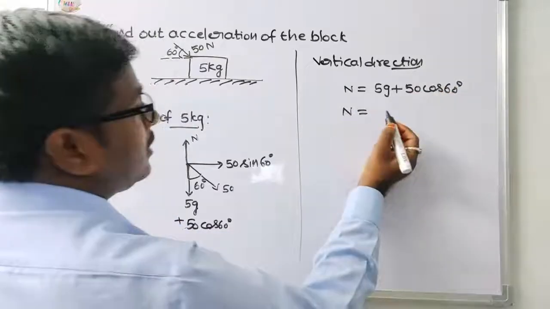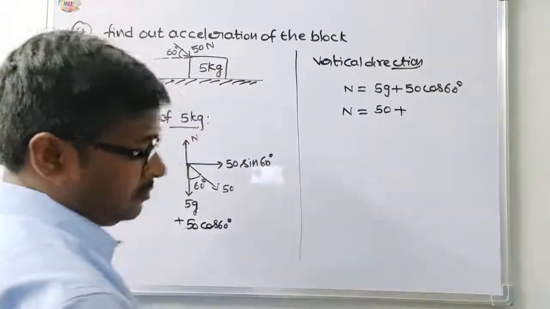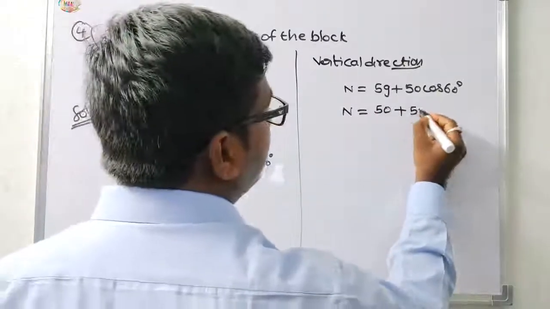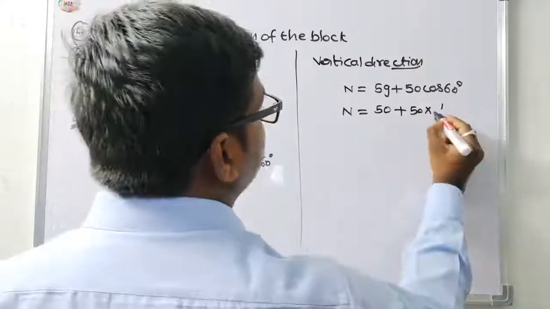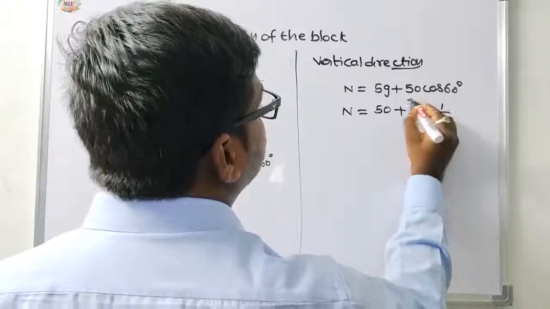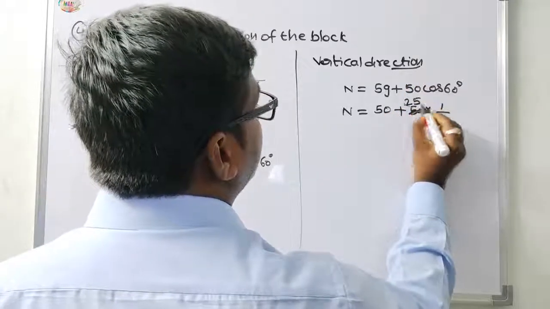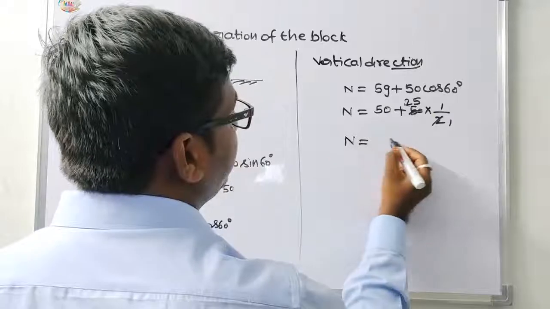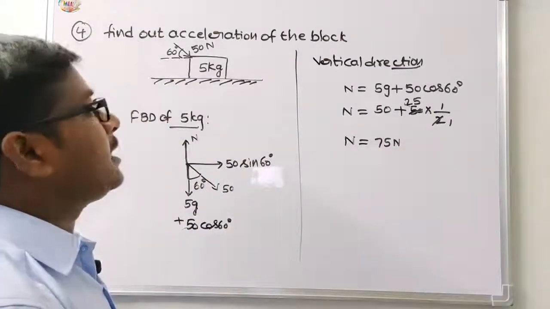The normal force is 5 into 10, 50, plus 50 into cos 60. Cos 60 is 1 by 2, so 2 ones are 2, 25. So 25 plus 50 is 75 Newton. This is the vertical direction.